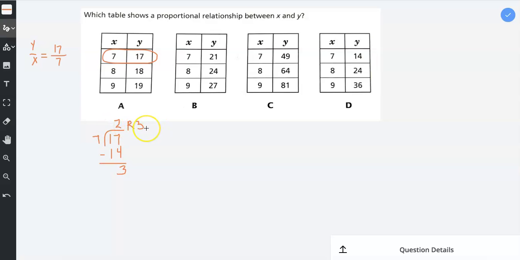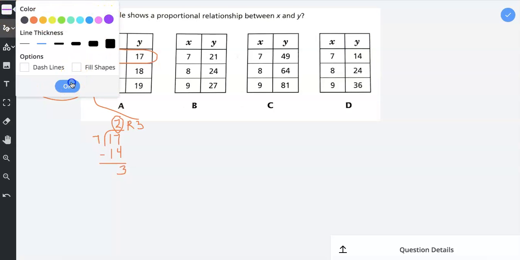The reason why I would do division like this, where I write a remainder of 3, is because to change this to a mixed number, you write this 2 larger, and then the 3 becomes the numerator, and then the denominator remains a 7. So 17/7 is the same as 2 3/7.